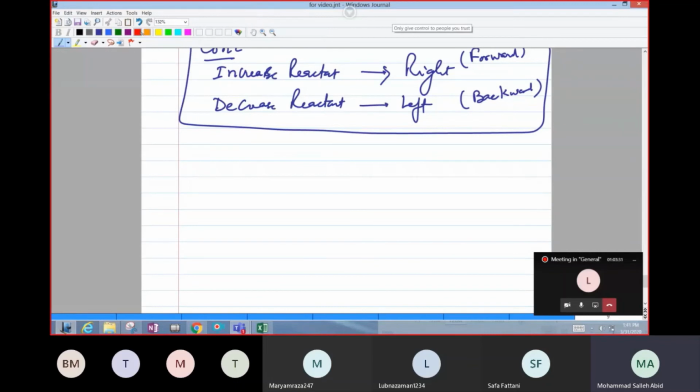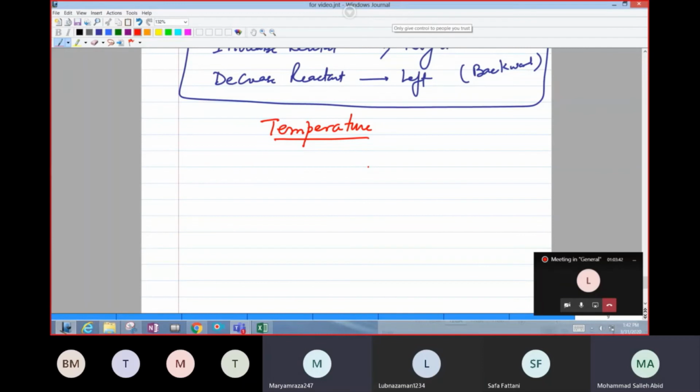Now let's talk about the temperature. What is the effect of temperature over here? Now for temperature, we need to understand a few things before. Now we should know only the main point, that is if you increase the temperature, what will the reaction do? The reaction will try to decrease it, correct?